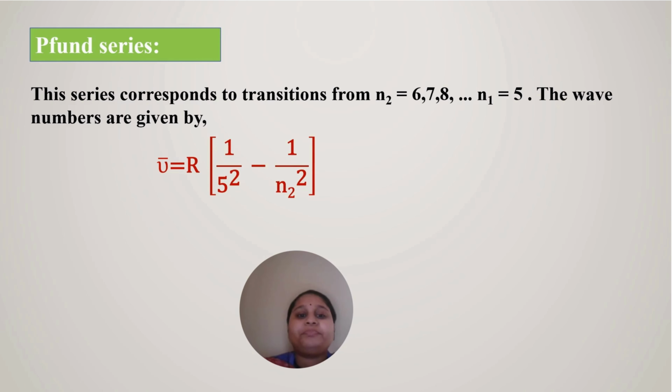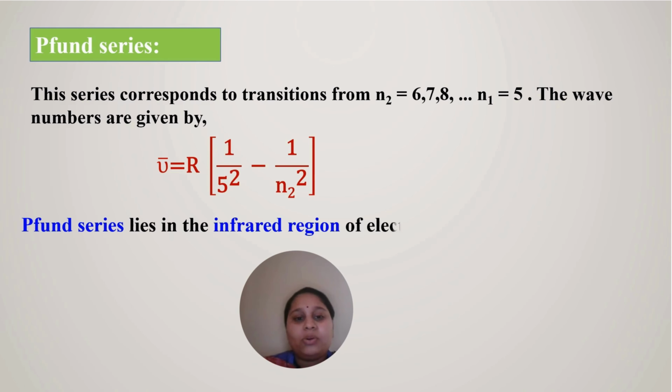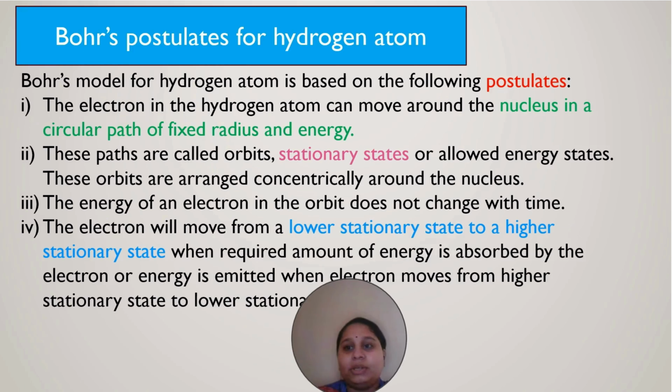If they give the series, if it is Pfund or Brackett or Paschen, you have to know where the N1 and N2 values are. It is already given, and you have to substitute those values in this formula. And it is also lying in the infrared region.